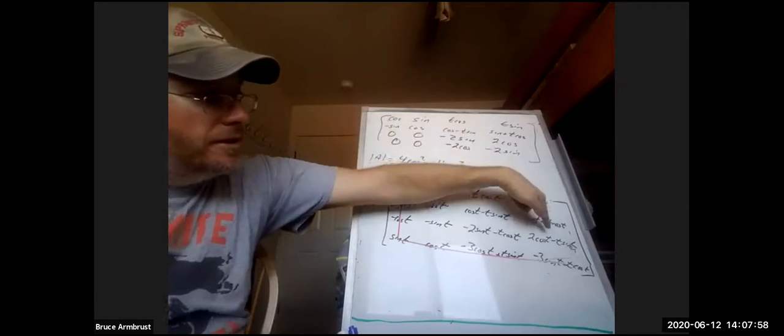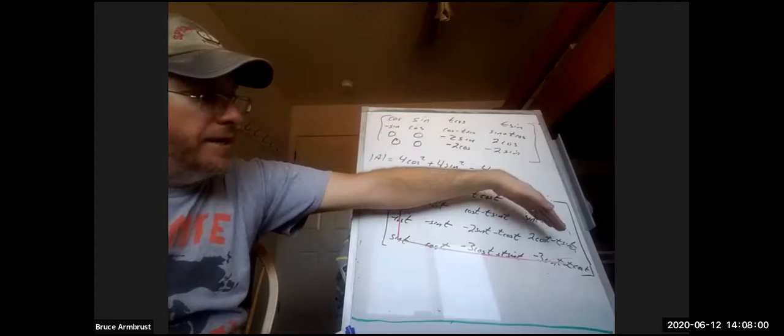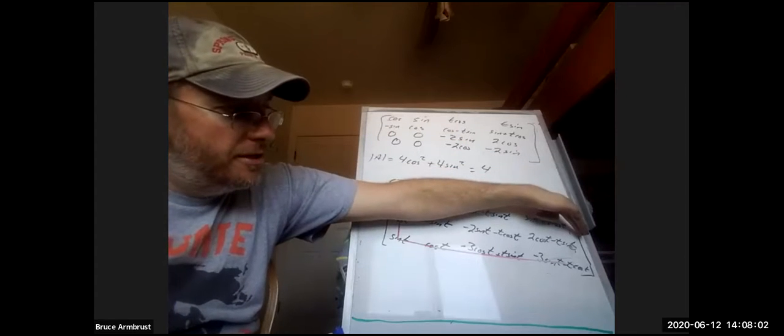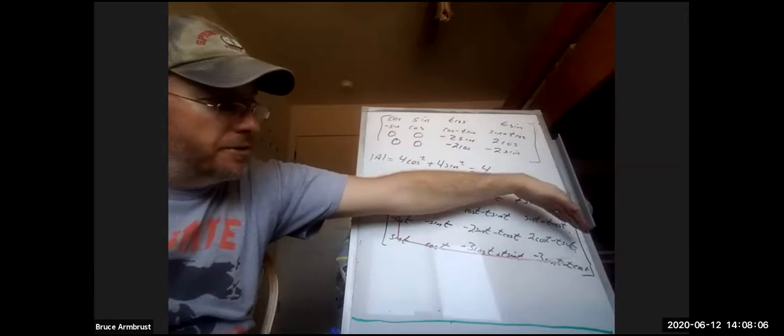So I need to find the determinant of that 3 by 3 matrix. Well, here's the good news: 3 by 3 matrices, we know how to find those determinants. I call it playing Asteroids. You remember that? You can go down the diagonals. If you go down diagonally to the right, whenever you hit the edge, you come back to the other side. The 3 going to the right are positive, the 3 going to the left are negative.